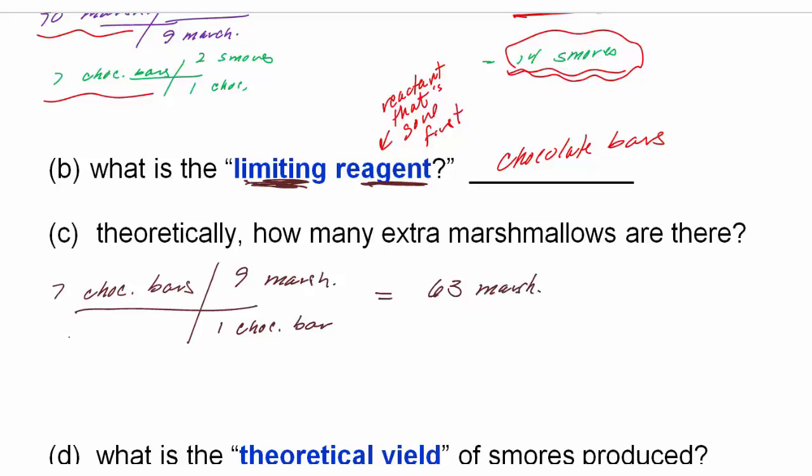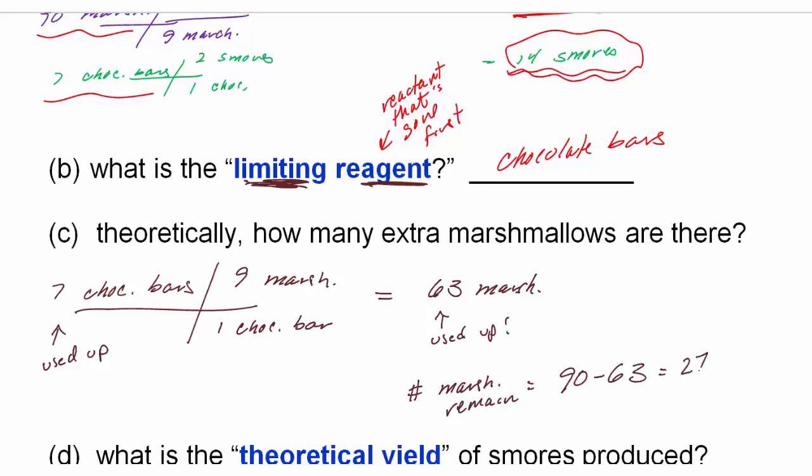So 7 chocolate bars were used up. That means 63 marshmallows were used up. So the number of marshmallows that remain would be the original minus the amount that reacted, right? So we'd have 90 minus 63, which is 27 marshmallows left over.